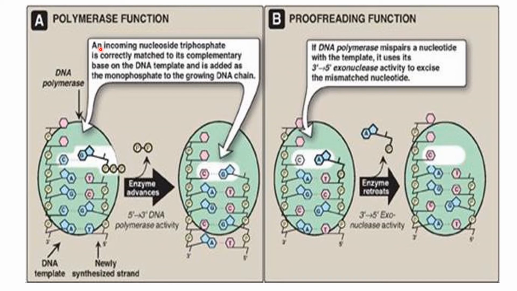It brings new nucleotides into the chain. An incoming nucleoside triphosphate is correctly matched to its complementary base on the DNA template and is added as a monophosphate to the growing DNA chain.